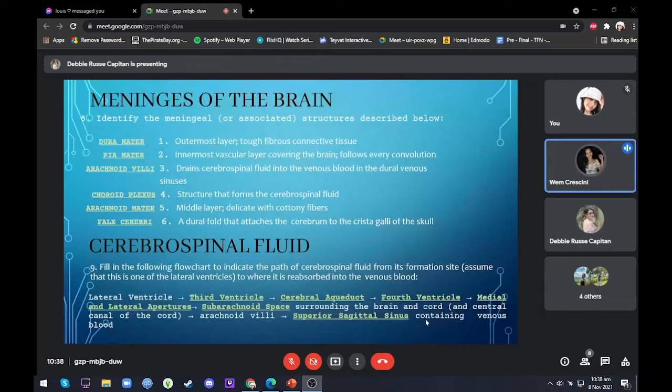So we have here the lateral ventricle, next the third ventricle, and then the cerebral aqueduct, and then the fourth ventricle, and then the medial and lateral apertures, and the subarachnoid space, and then the surrounding of the brain and cord, and the central canal of the cord. So next we have the arachnoid villi, and then the superior sagittal sinus, and contains venous blood.